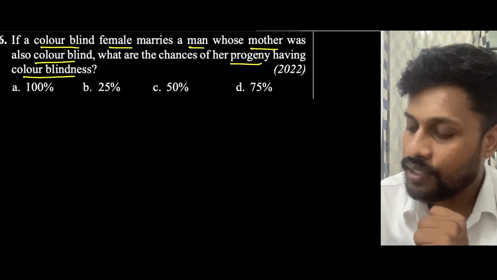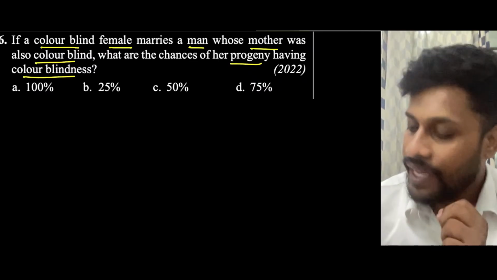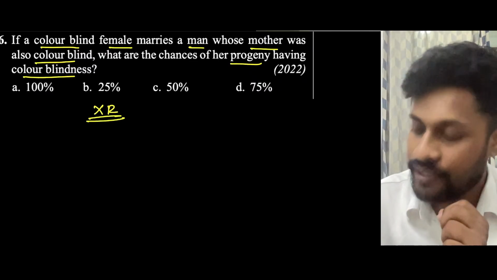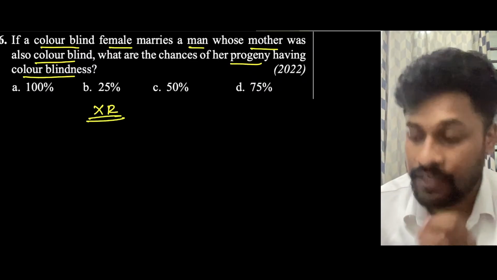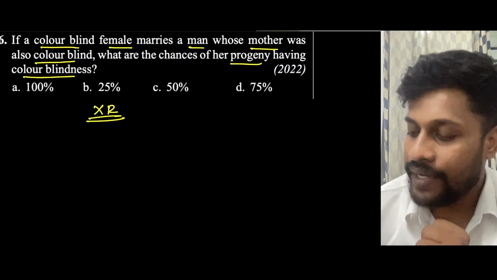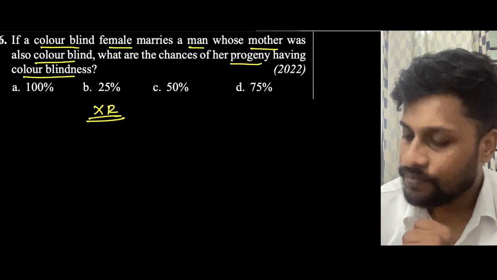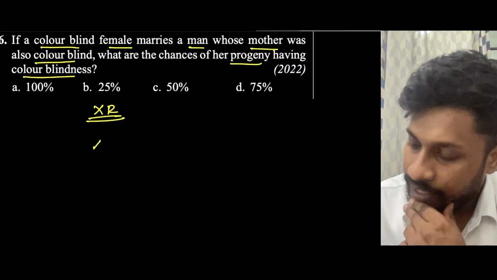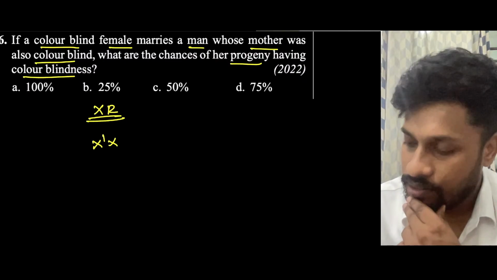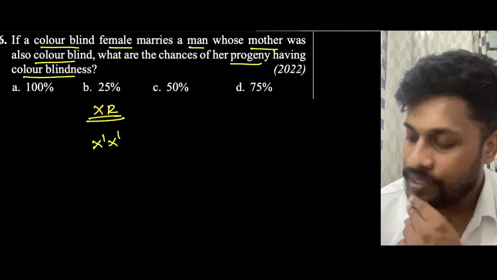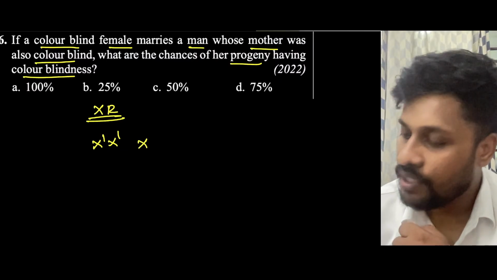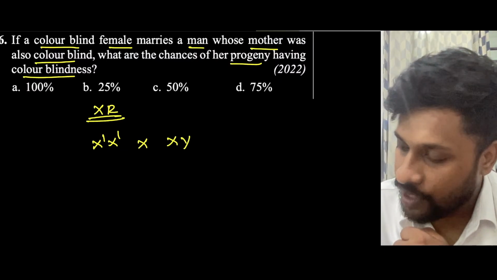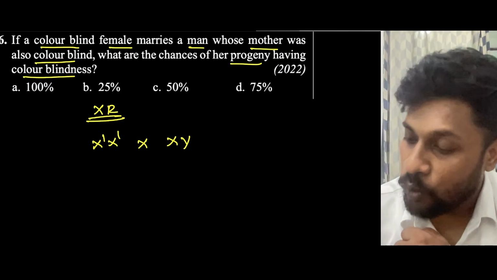Color blindness is an X-linked recessive disorder. A colorblind female means X' X'. Marrying a man, XY, whose mother was also colorblind.